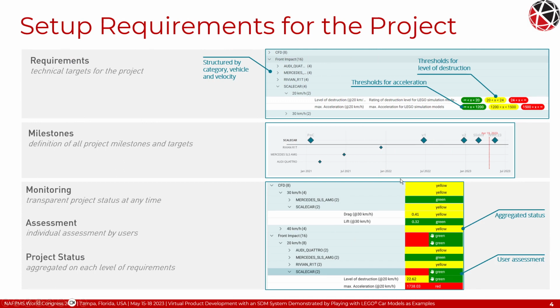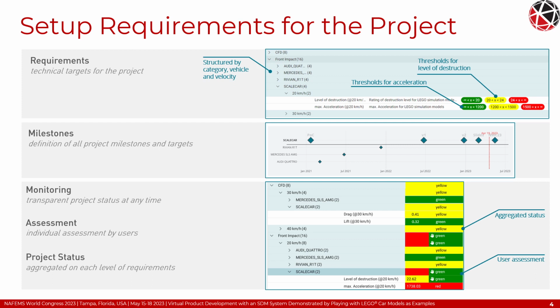If you have a simulation data management system, one thing you can do at the beginning is define requirements, in terms of thresholds. For example, I have here the requirement for the level of destruction at a 20 km/h crash, and I defined that the level of destruction should be below 20%. The level of destruction means in how many parts the model gets disassembled with respect to the total amount of parts.